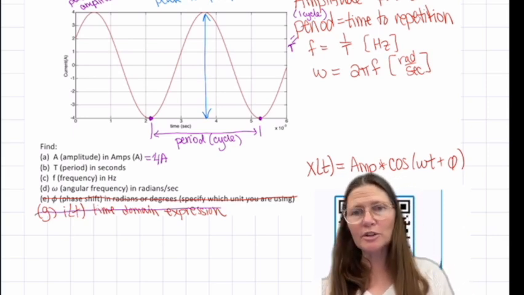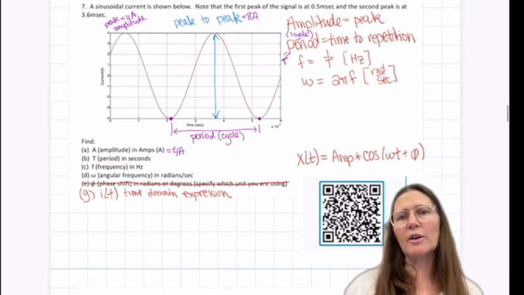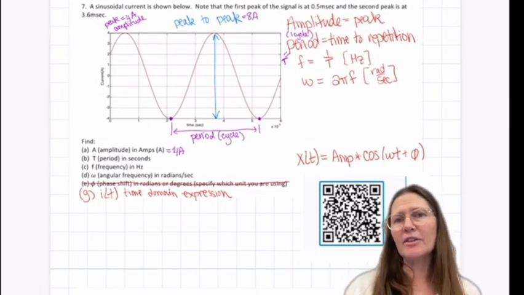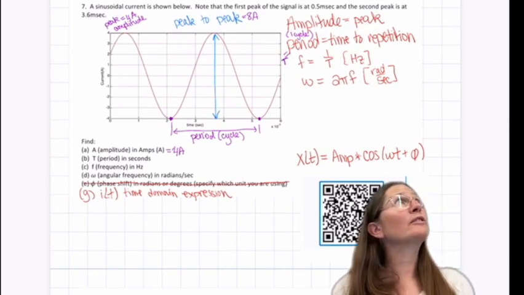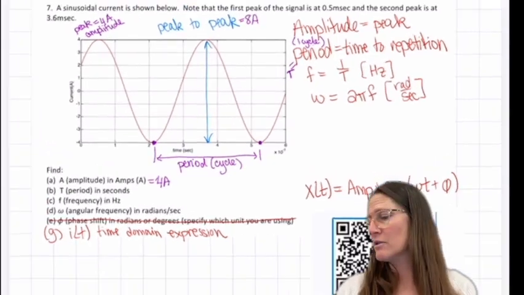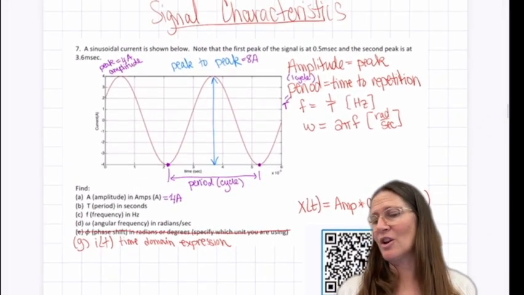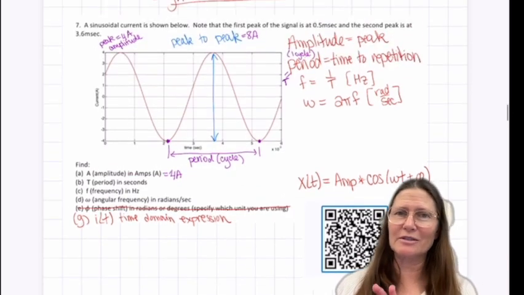What you are going to want to do, though, is be able to know that the form of it is a sine or a cosine. Amplitude is easy to see, and we're not going to get into the details more than that.